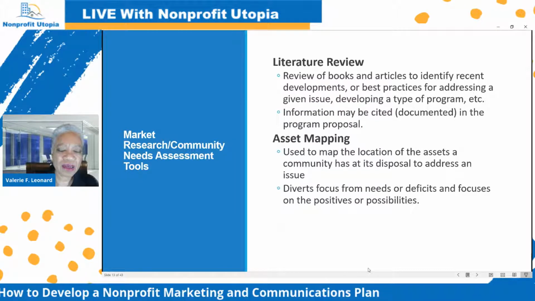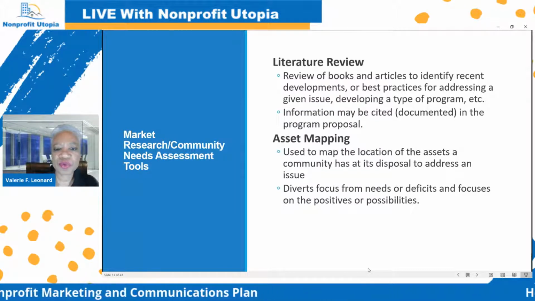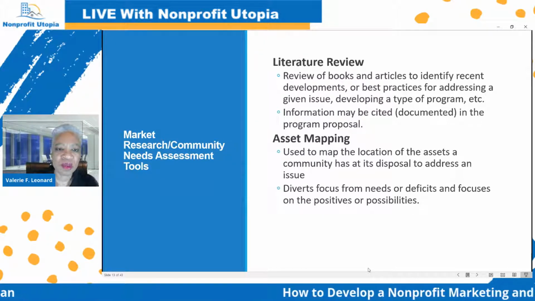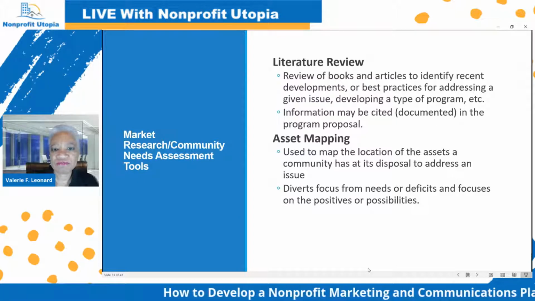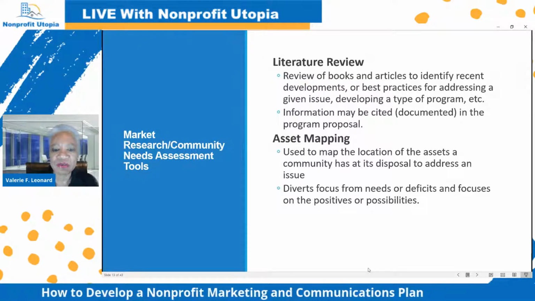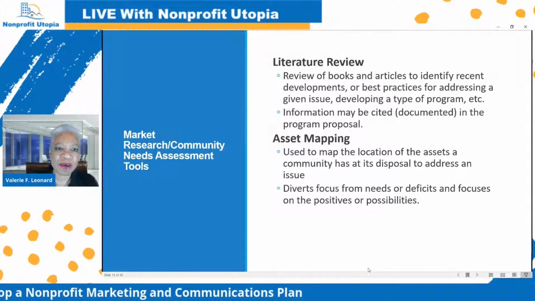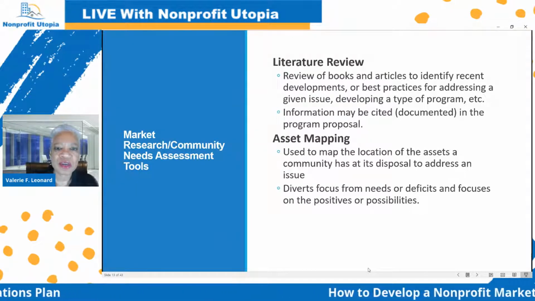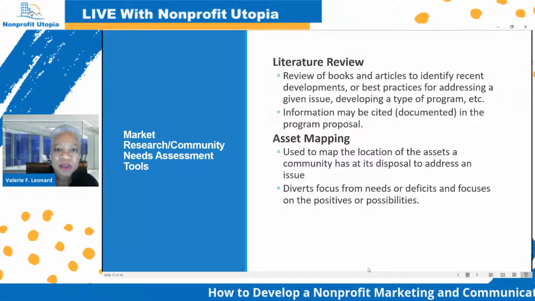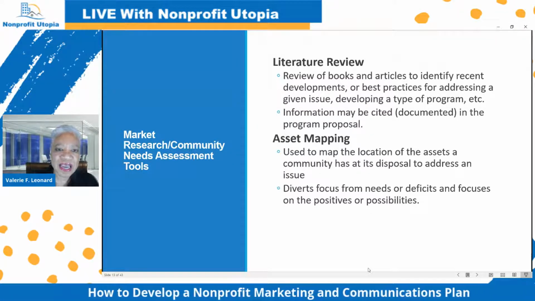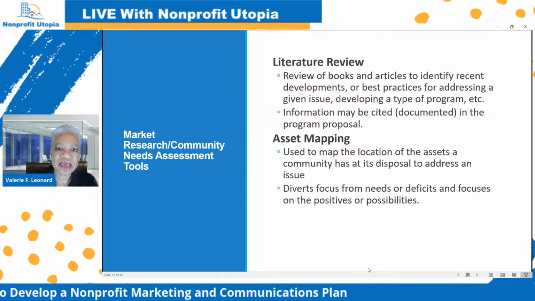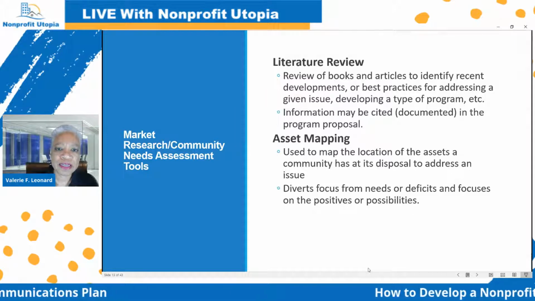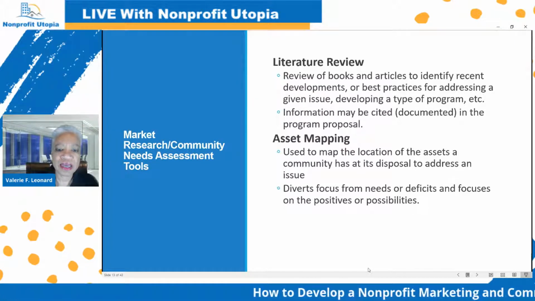And another way of getting information is through asset mapping. And that can be used to, one, locate the different assets in the community. And when we talk about assets, we're talking about people, organizations, institutions, informal groups, all of these different segments of the community that can be used or be tapped into to help your organization meet its goals and objectives.